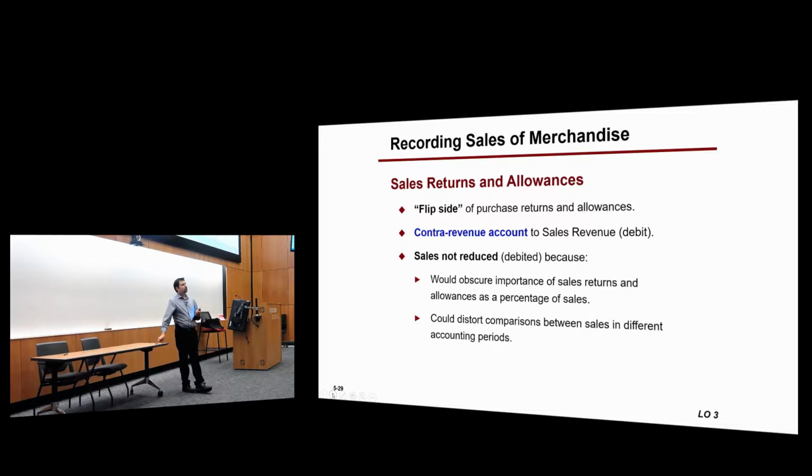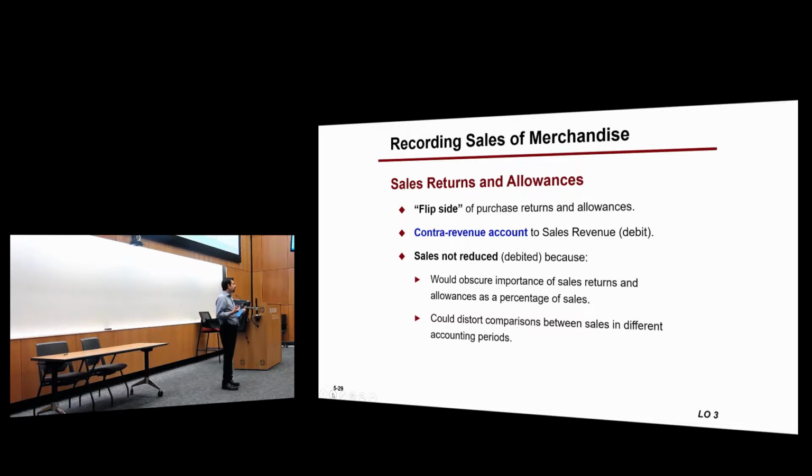What about if it was within the same month? So you purchased it on October 10th, and then you returned it a week later. You're still within October. So what do you do? Companies don't want to mess up the sales revenue. They want to know exactly how much sales they made, and they also want to know how many returns they had.